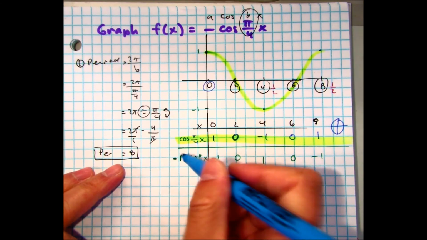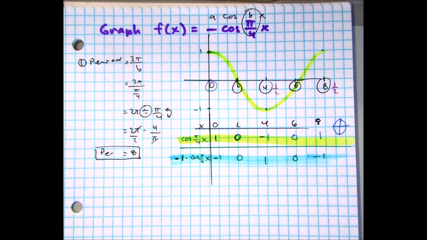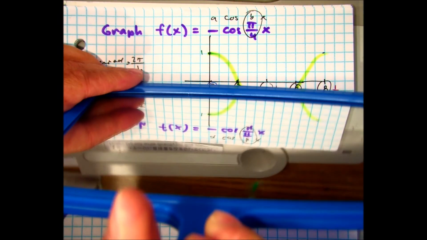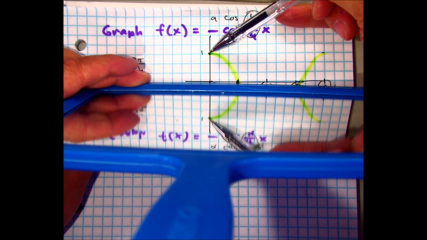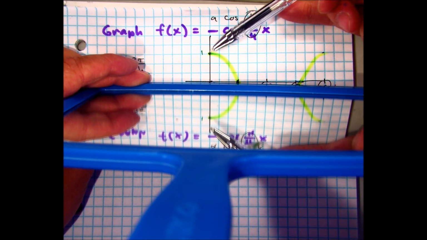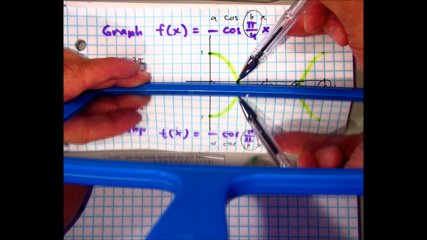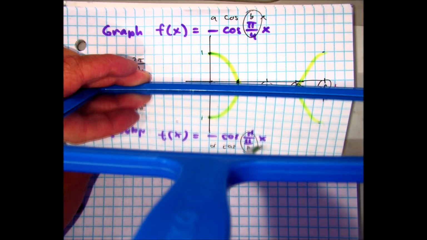And what this negative 1 does is you'll see that it reflects over the x-axis. Each point is being reflected. So let me show you guys a mirror. You'll notice that 1 in the mirror goes down to negative 1. But a point on the x-axis has no reflection.